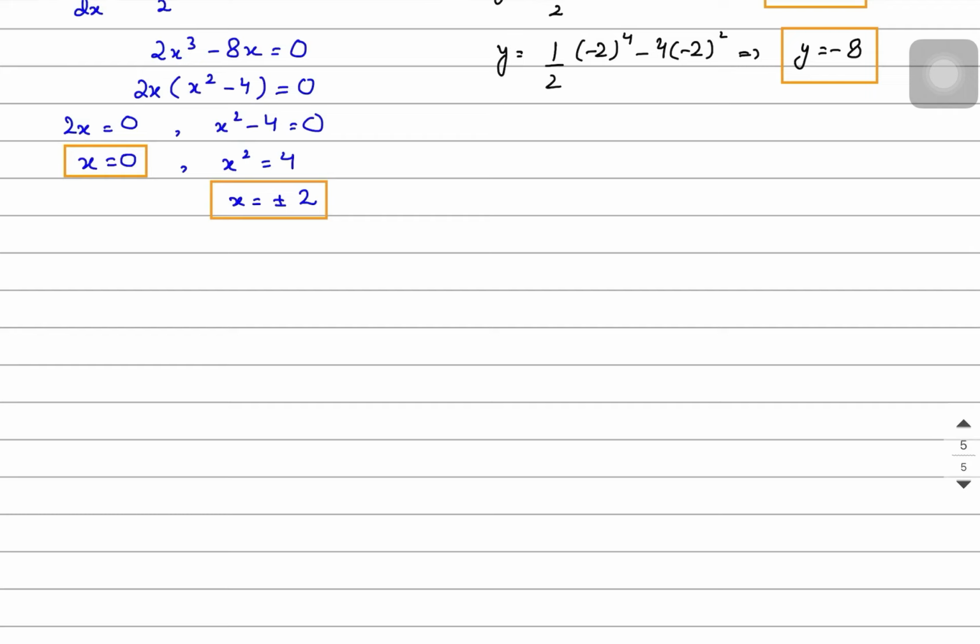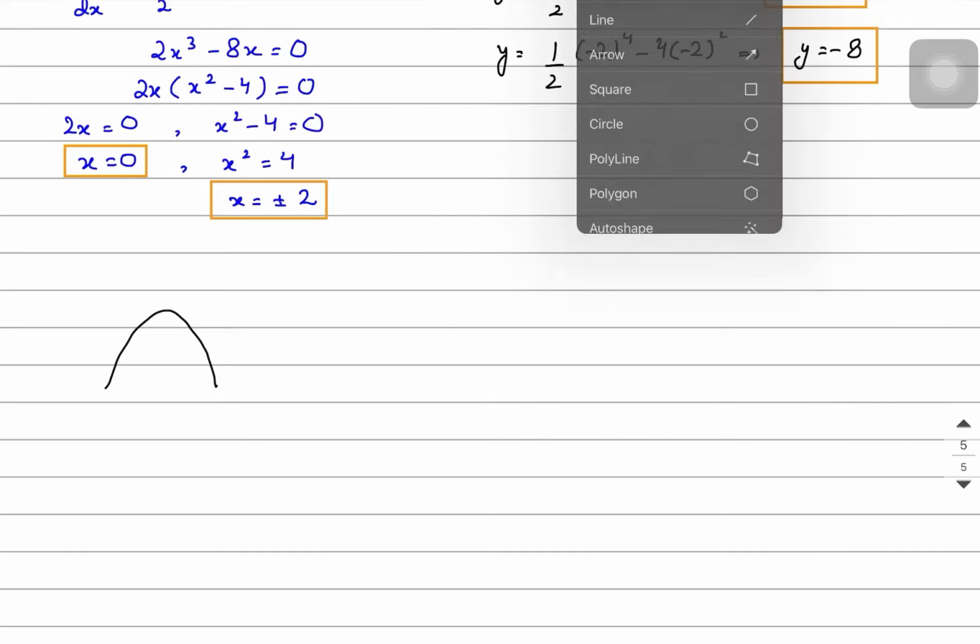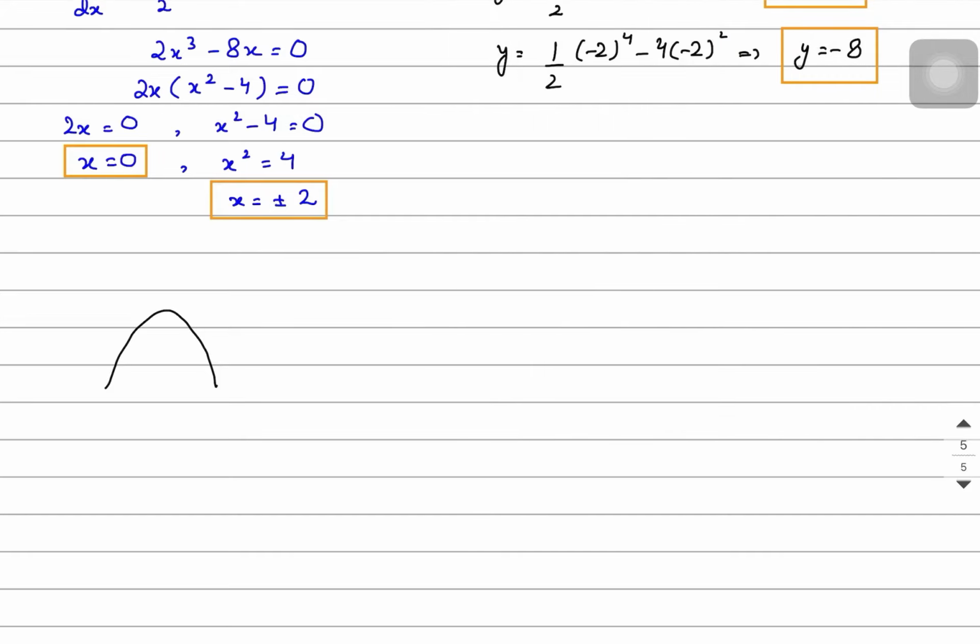So the concept says that if I have a maximum point, let's say I have a curve in which I am showing the maximum portion, I can see that this is my maximum point.